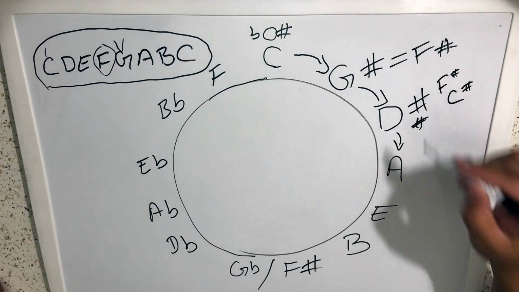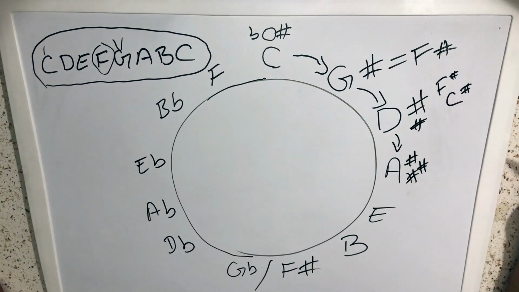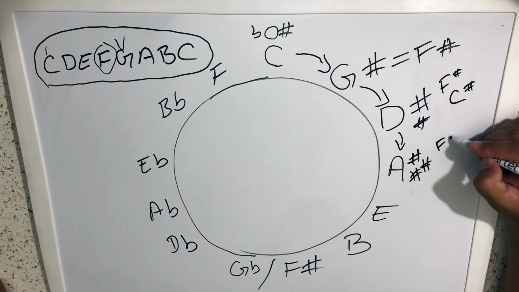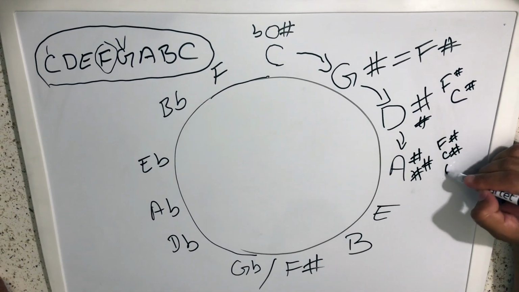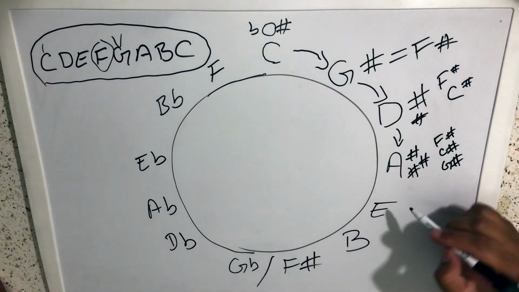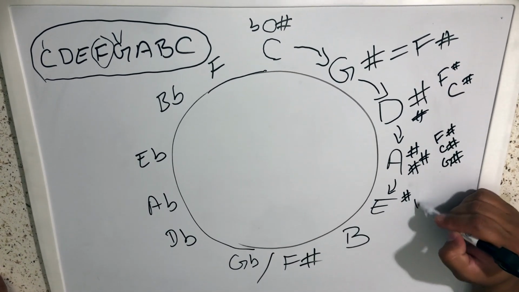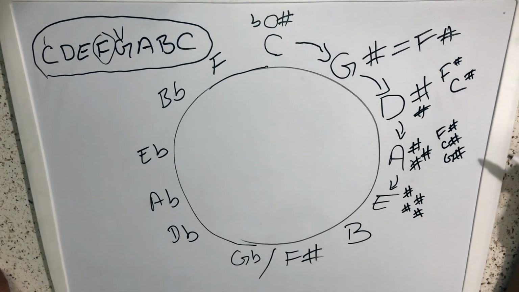Sorry, I forgot to write the second sharp. So 3 sharps, what are those? Again, F sharp, C sharp, G sharp. Okay. E, keep going down the line, has 4. 1, 2, 3, 4.